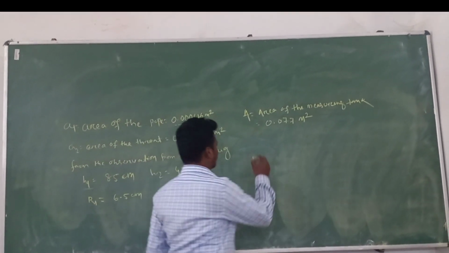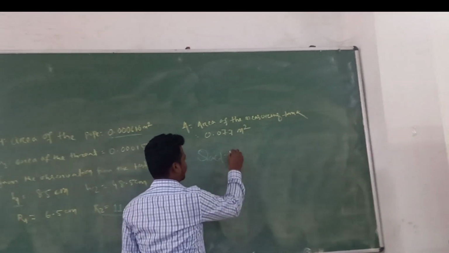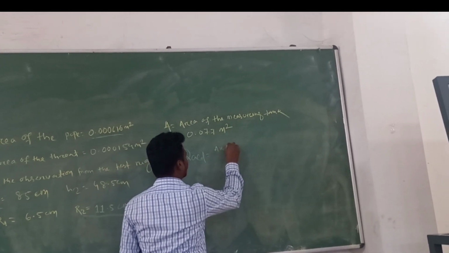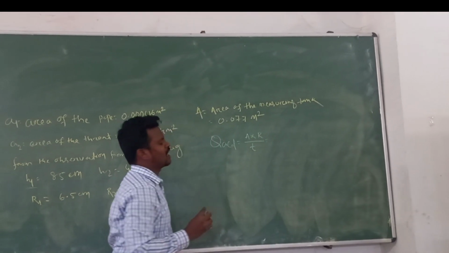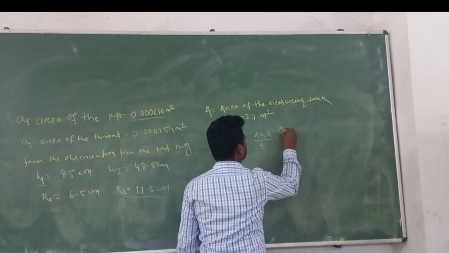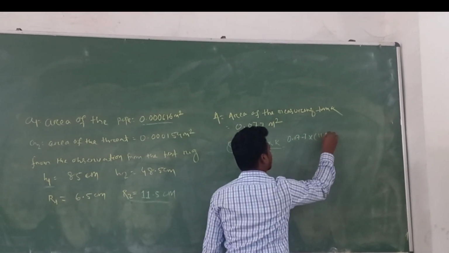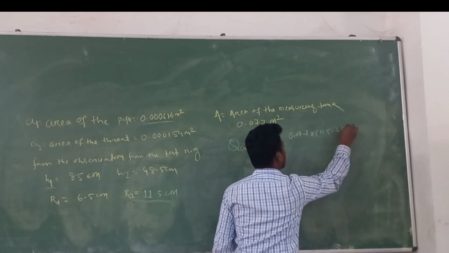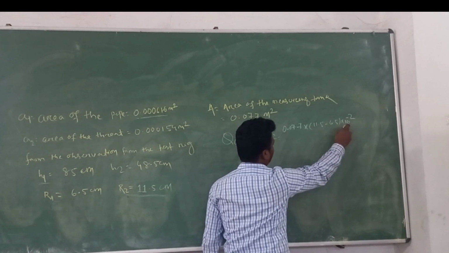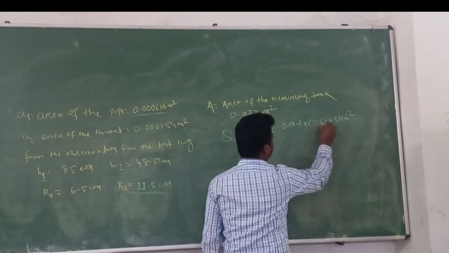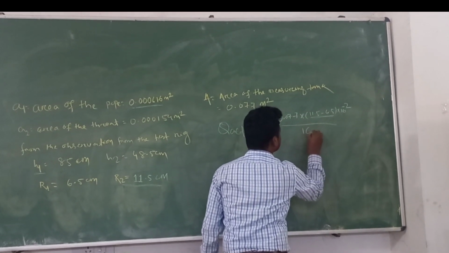Now we have to find out the value of actual flow rate, which is the multiplication of area into the value of R divided by time taken. Now what is area? Area is the area of the measuring tank, which is 0.077 meter square, and the value of R is equal to 11.5 centimeter minus 6.5 centimeter into 10 to the power minus 2. This 10 to the minus 2 is multiplied to convert the centimeter into meter, divided by time taken equal to 10 seconds.